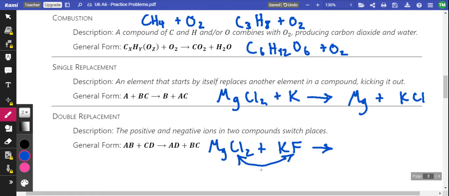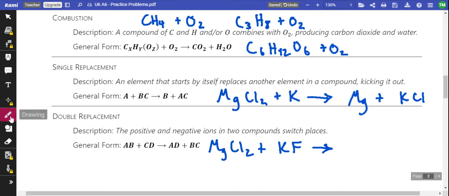Either way, I just have to make sure that the ionic compounds that come out on the other side cancel their charges correctly. So I'm going to switch the cations just to keep it simple. My K is going to be with my Cl, and my Mg is going to be with my F.